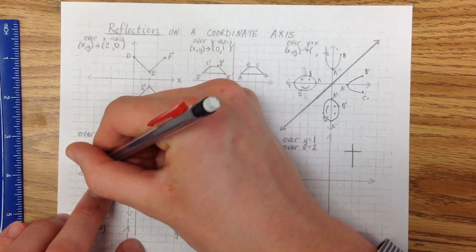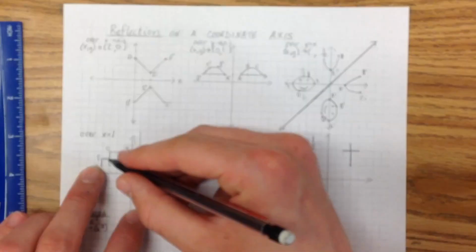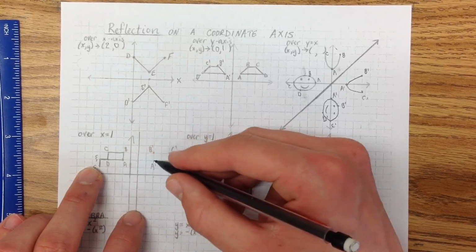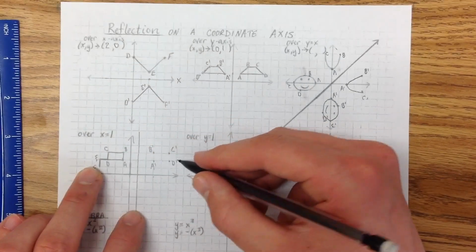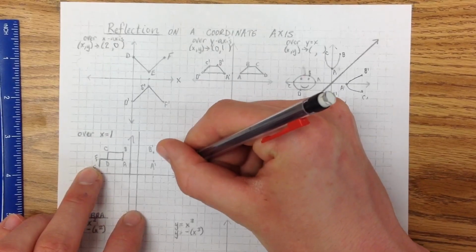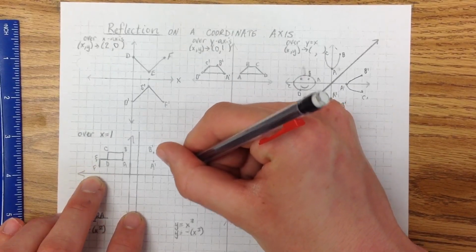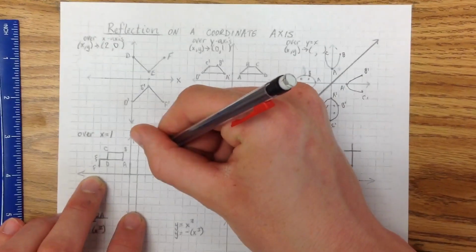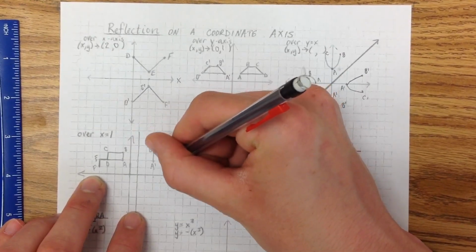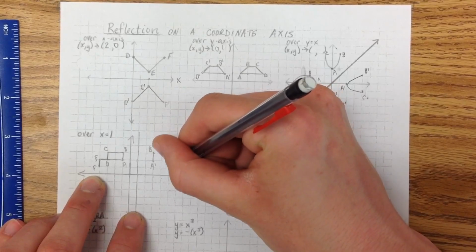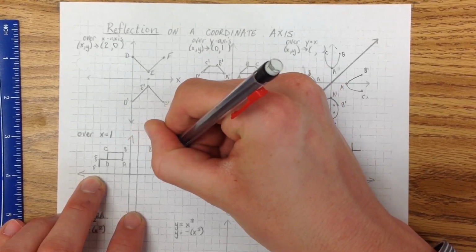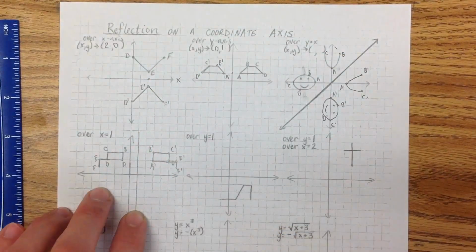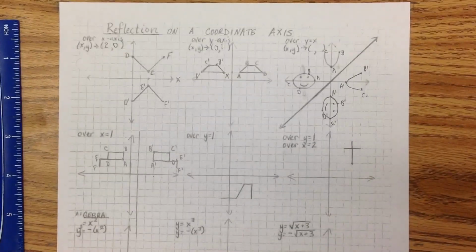That's E, and that's F. So E is 1, 2, 3, 4, 5 away. And F is going to be here. There we go. So it's going to look like that.